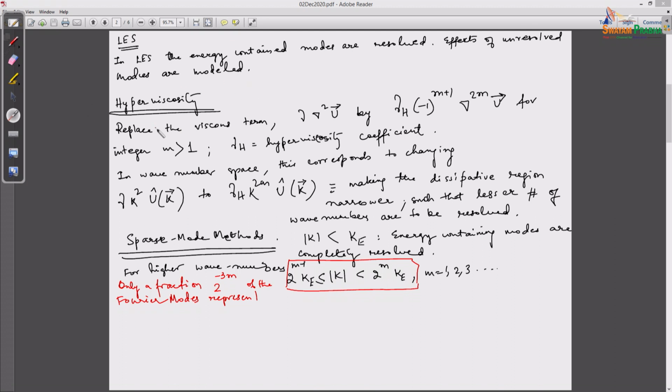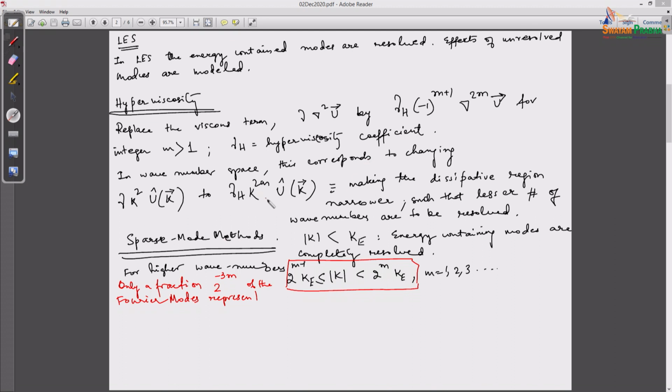Then we use a term called hyperviscosity, nu h, which, in wave number space, makes the dissipative region smaller. So, the region is smaller, so I have fewer modes to resolve.